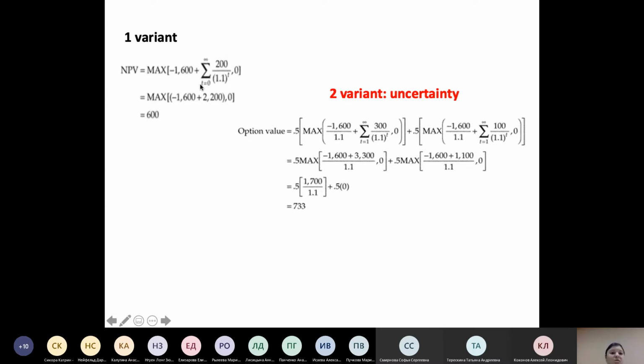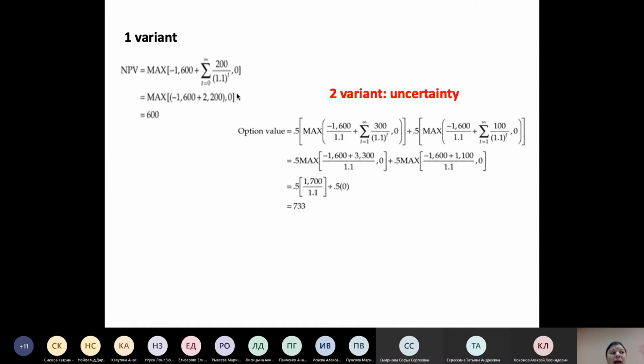Our investments, we have to invest now 1,600, so with minus, plus the sum of all our expected benefits of $200, and our discount rate 10%. In this case, we can use the following formula.